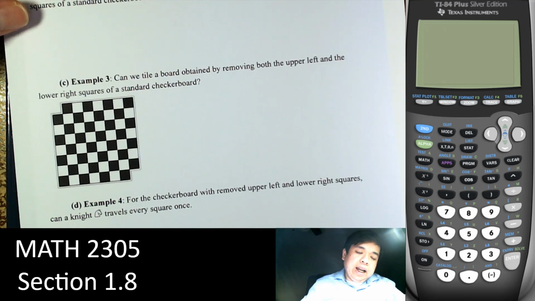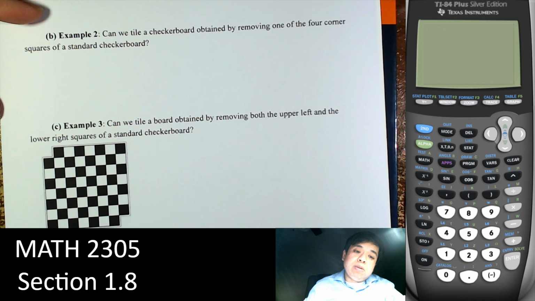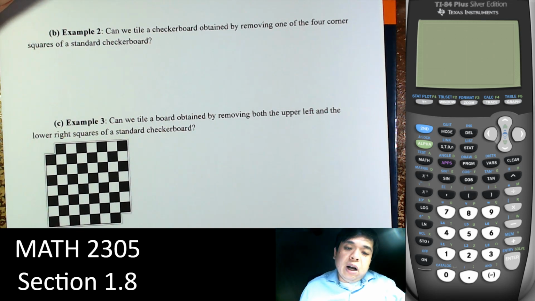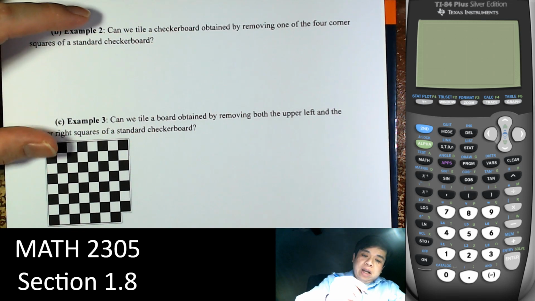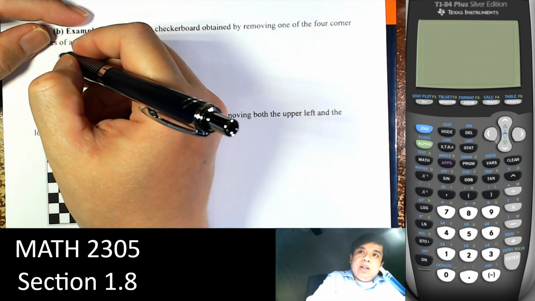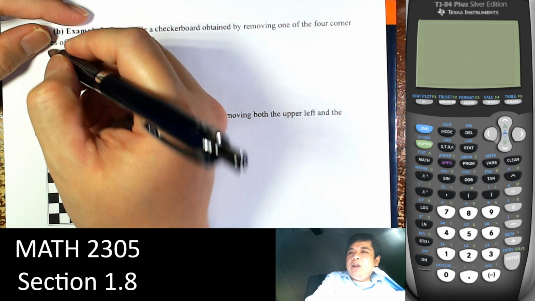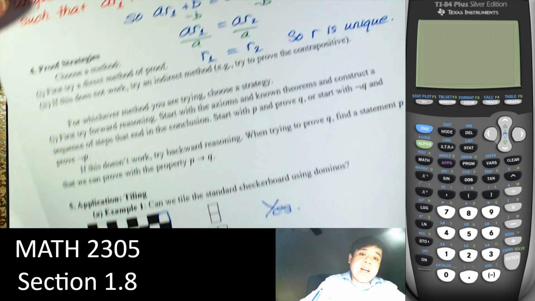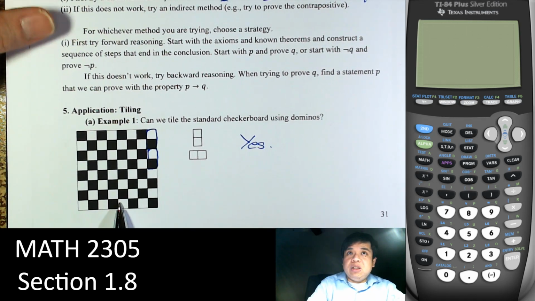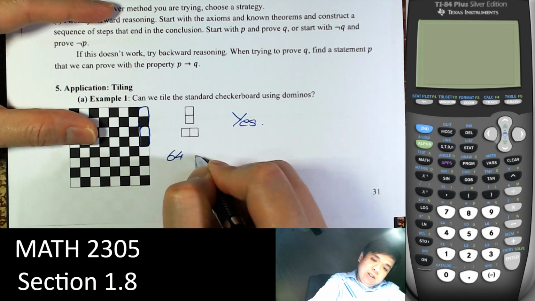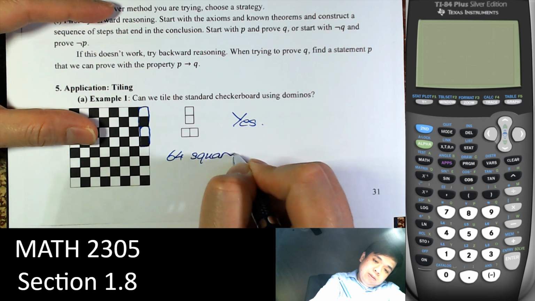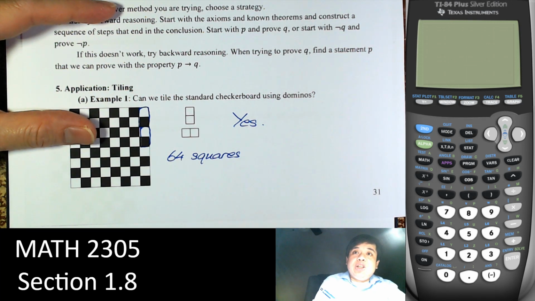Next, can we tile a checkerboard obtained by removing one of the 4 corners? If we just remove one corner, how many squares do we have left? Originally, the standard chessboard is 8 by 8, so 64 squares, divided by 2, so that certainly works.